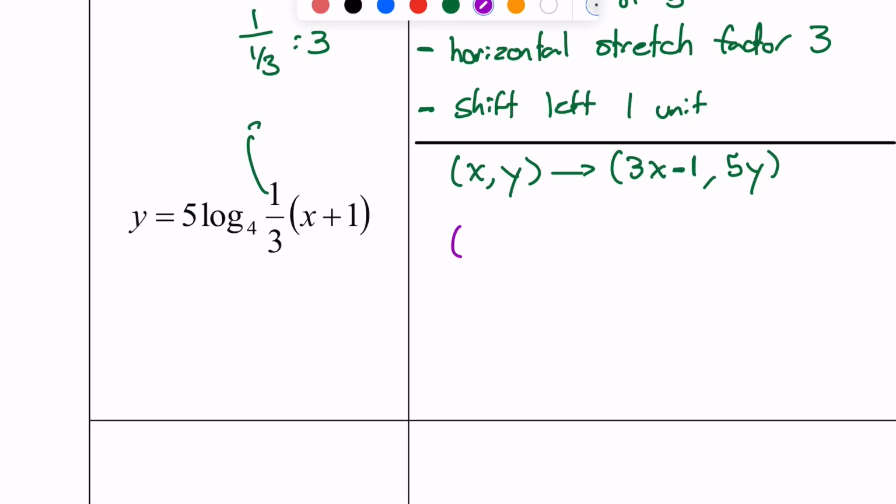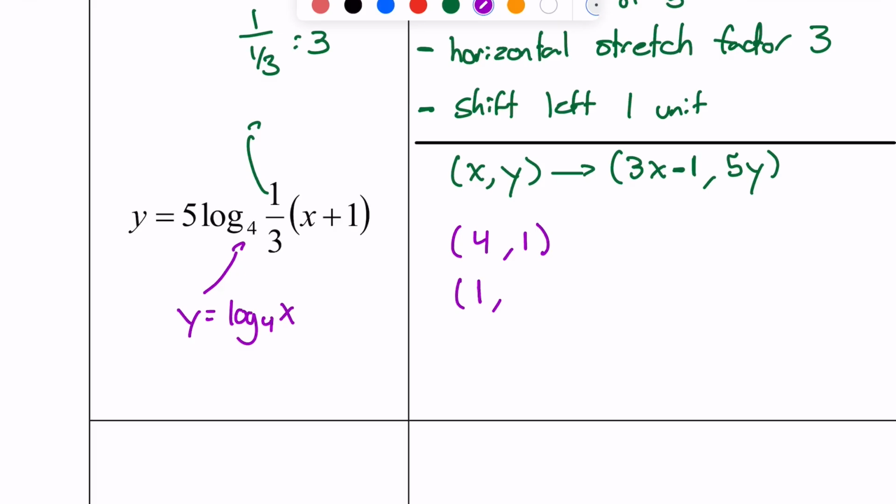What coordinates are we going to use? Well, our parent function is y is log base 4 of x. So I'm going to want to use my first coordinate being whatever the base of my function is, so 4. If I use that coordinate, 4 to the what will give me 4? Well, 1. Okay, the next coordinate I'm going to use is 1.